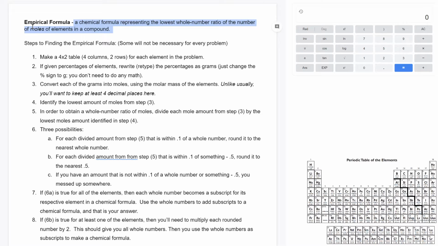So the lowest whole number ratio means something like ethane would not be an empirical formula, because you could have a lower ratio of CH3. If you did an empirical formula problem with numbers representing ethane, the answer you would get would be CH3.